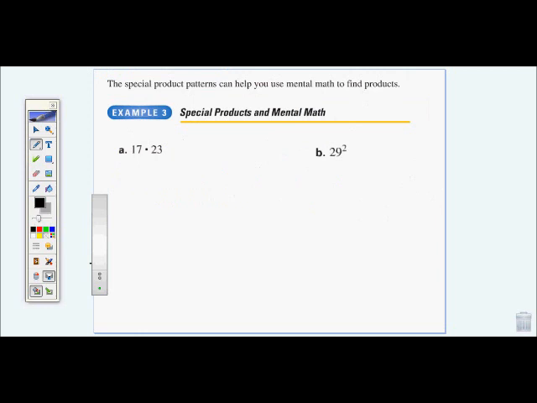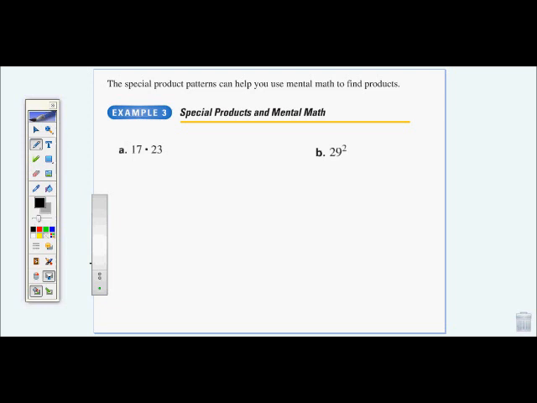Moving on to applying those special products with mental math. So if we wanted to be impressive and be able to say what 17 times 23 is, I could ask, is there somehow I could apply one of those patterns? I'm going to apply the pattern of the products of a difference or a sum.